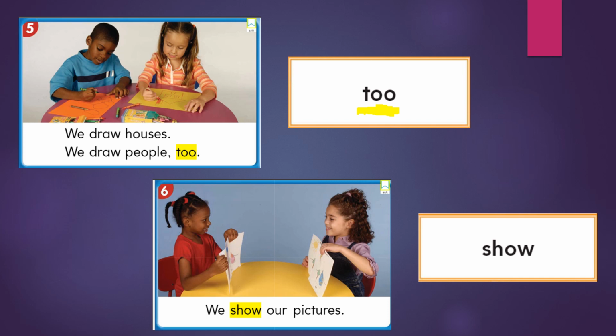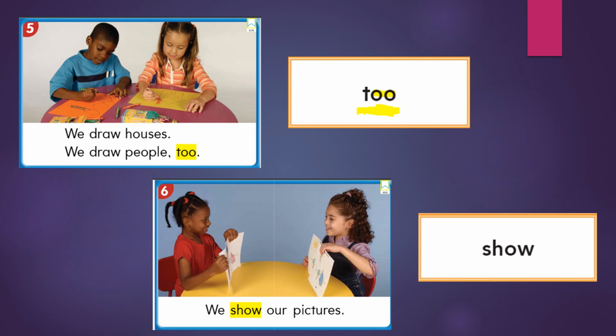We have the word two, T-W-O, like the number 2. We have the regular to, T-O, with only one O, and that means when you're going someplace. And then we have this too, and when it's 2 O's, O-O, that means also, right?